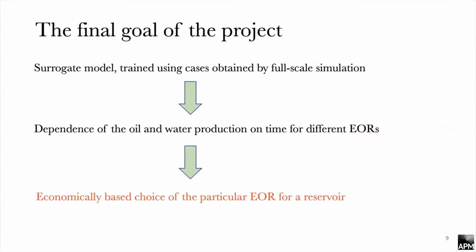So the final goal of the project, we want to build such a surrogate model trained using the cases obtained by full-scale simulation. Using this surrogate model, we want to be able to calculate the dependence of the oil and water production on time for different EORs. And then after that, we need to have an opportunity to choose which method to use for a particular case and with which parameters.